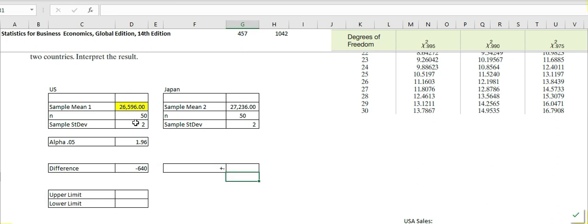The standard deviation must also be multiplied by 1000.